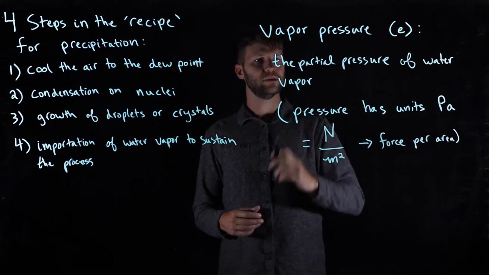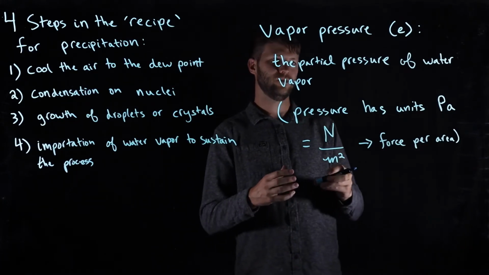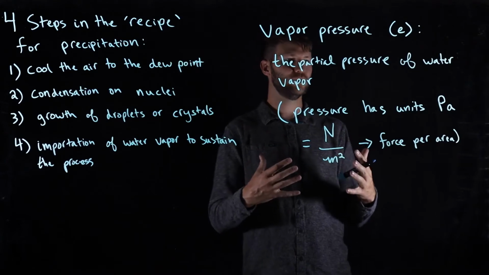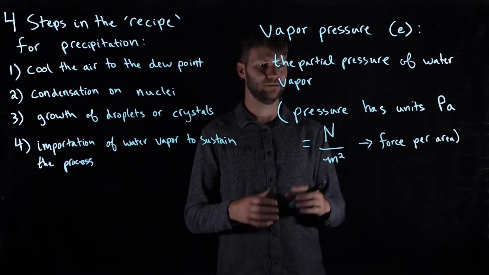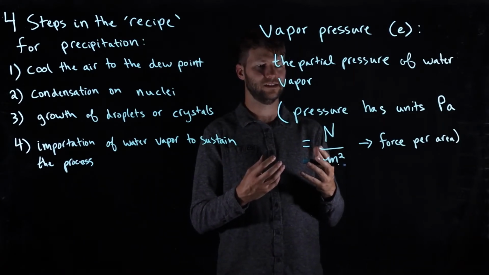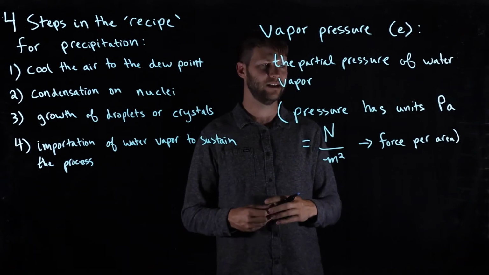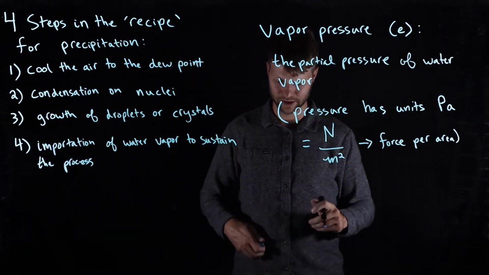And the vapor pressure describes how much water the atmosphere can hold, how many molecules can be at a particular pressure and temperature before that water starts to basically condense out of the atmosphere and become a liquid. And that's called the saturation vapor pressure.